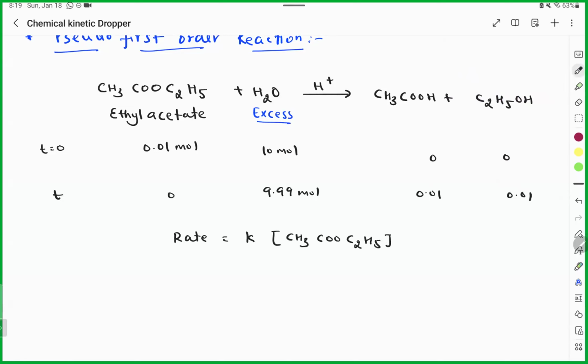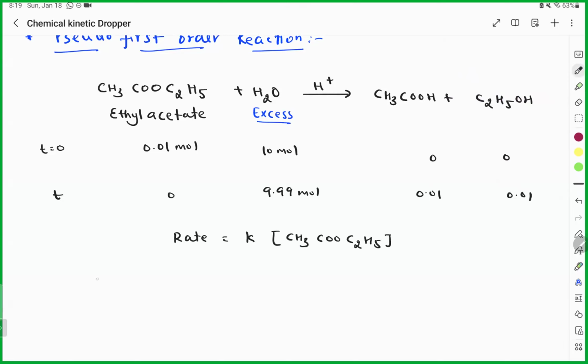Why? Because water is present in huge amount. This is known as a pseudo first order reaction. So it is actually a second order reaction, but it looks like first order.